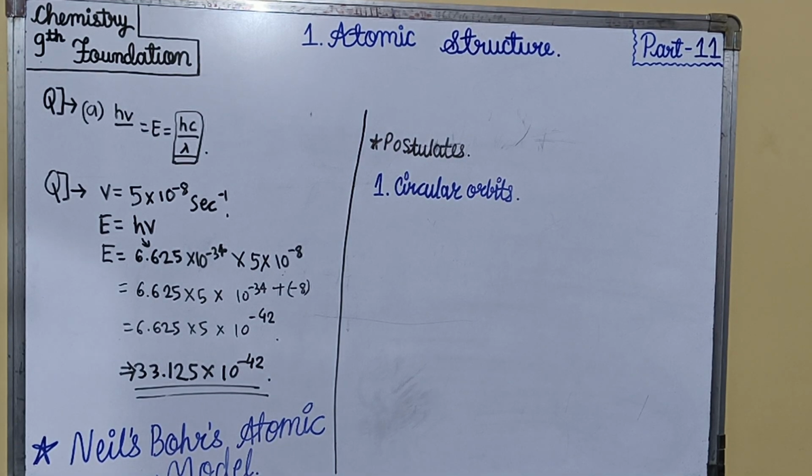Electrons revolve around the nucleus in specified paths called orbits. Orbits are also called shells or main energy levels.